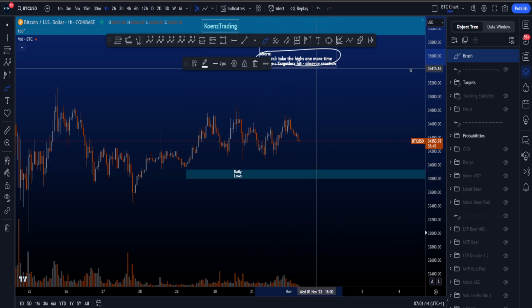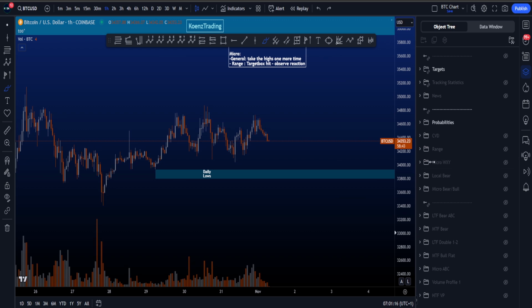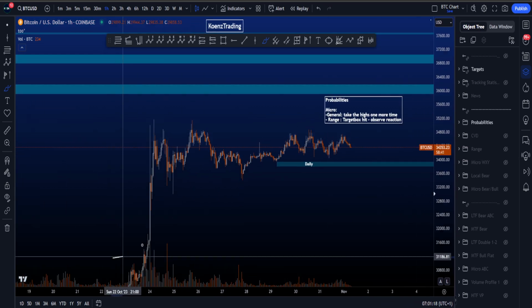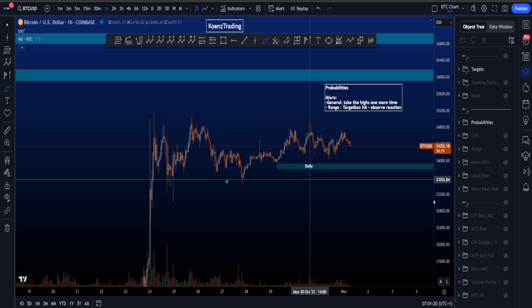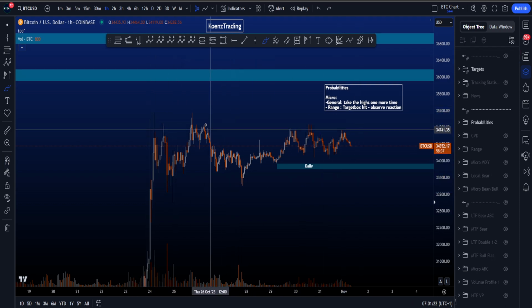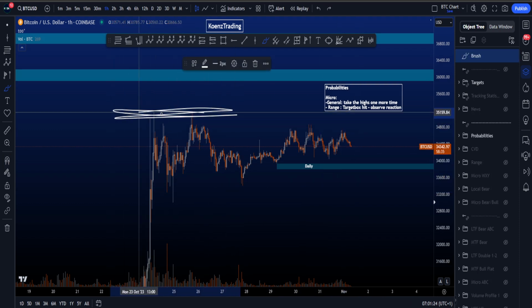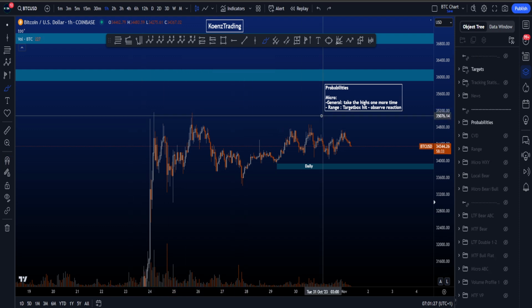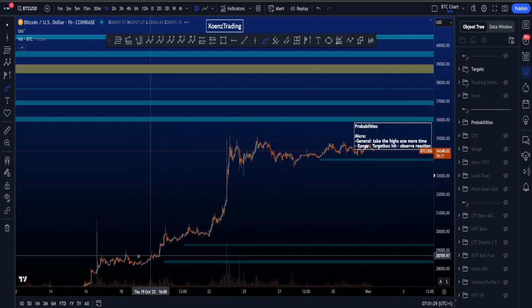But in general, when we look at the market structure, and we also sometimes zoom out, we're in bullish market structure, and this is very much a wave 4 type of range at the moment, which increases probabilities that eventually the double top will be taken and the trend will continue that we already have towards the upside.